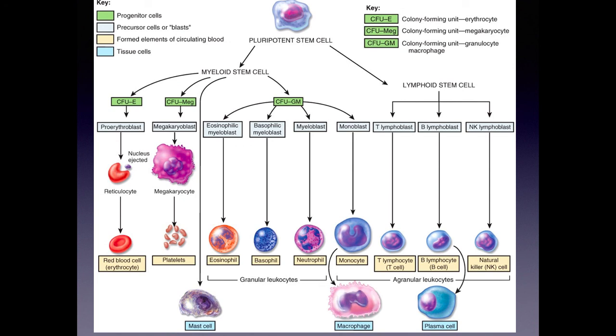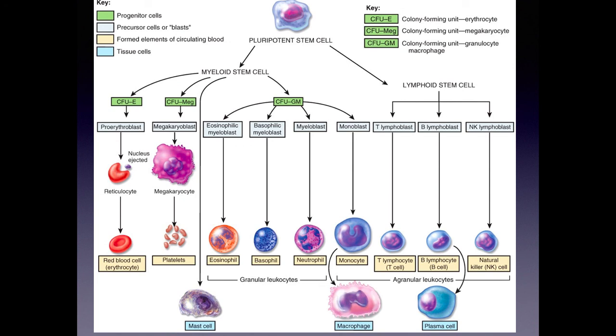If you follow the arrows that lead down from it, you'll see that all the cell types that arise from a lymphoid stem cell are different types of lymphocytes: your T lymphocytes and B lymphocytes, or for short, T cells and B cells, and then also your natural killer cells, which are also a type of lymphocyte. So the only thing that can develop from a lymphoid stem cell is some type of lymphocyte, whether it's a T, B, or NK cell.